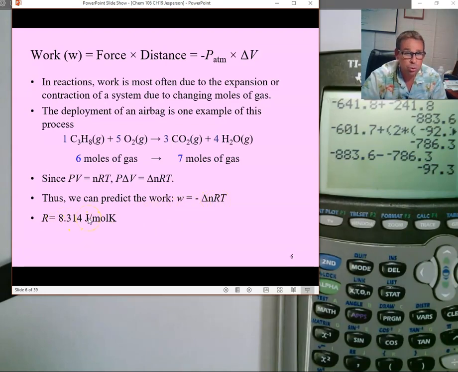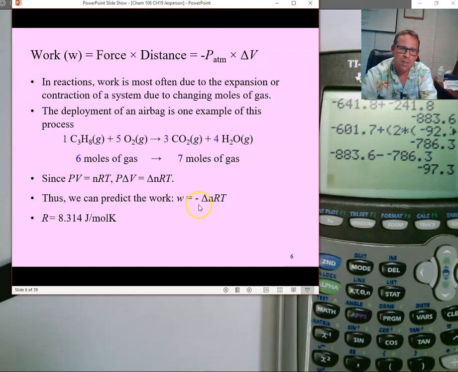The units here are joules per mole Kelvin. We can, therefore, look at our moles of gas change, which here would be 7 minus 6, so 1. That would be our change in moles, 1, times our 8.314, times our temperature, and that would give us our work energy.